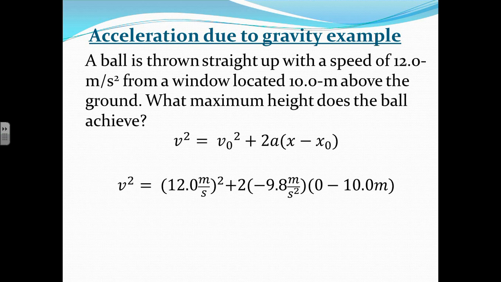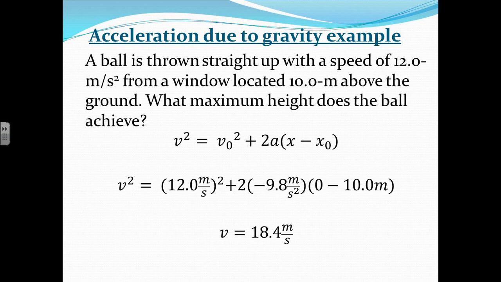Initially we were at 10 meters above the ground, and we end up at 0 at the ground, so our change in position is negative 10 meters. Solving this out, we end up with a velocity at the end of 18.4 meters per second.